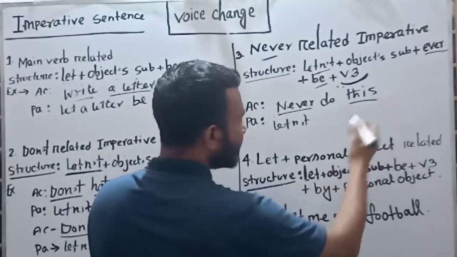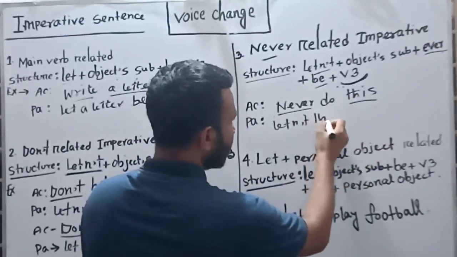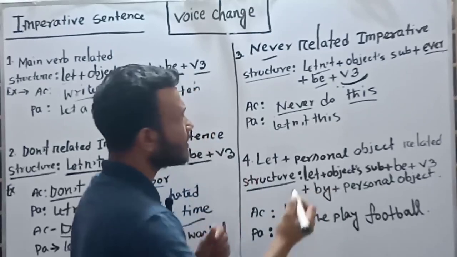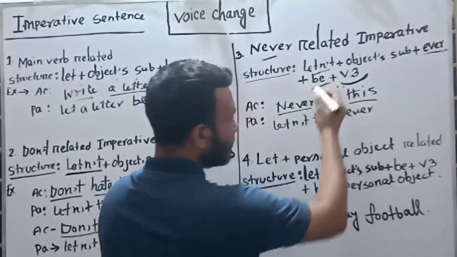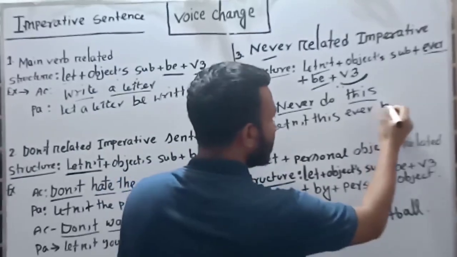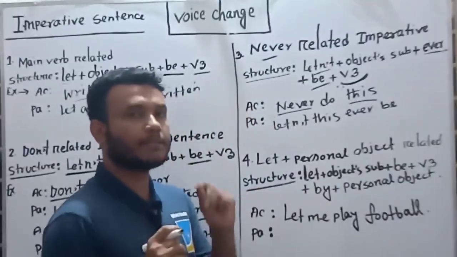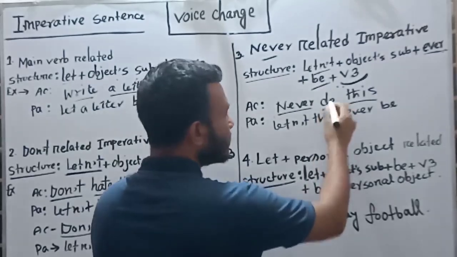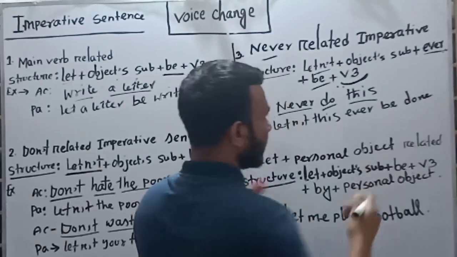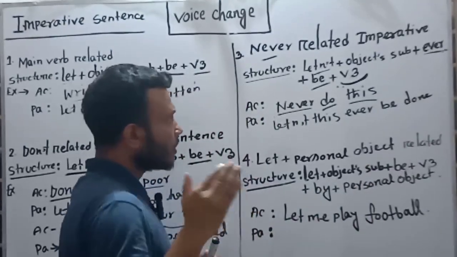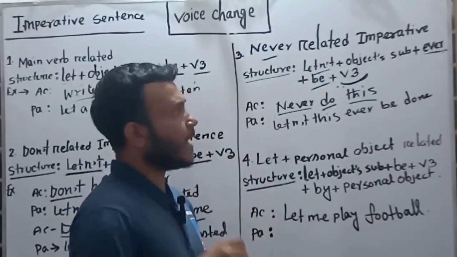This is your object, it will be here: let not this. Then use a verb. Then put be. And at the end of the sentence, verb will be be3. So do is your main verb. It will be done. You have got your passive sentence. Let not this ever be done.